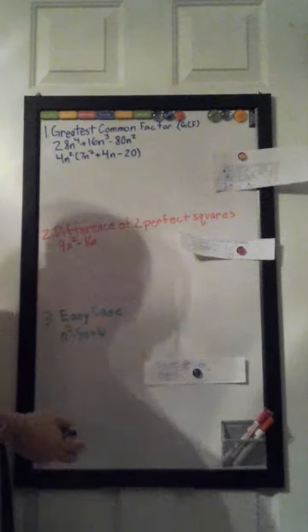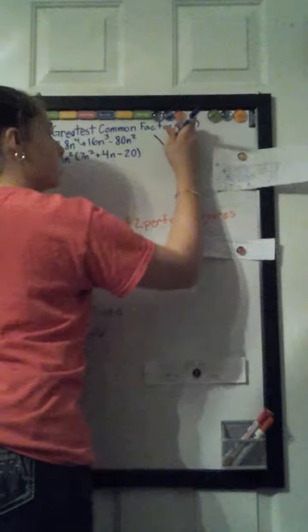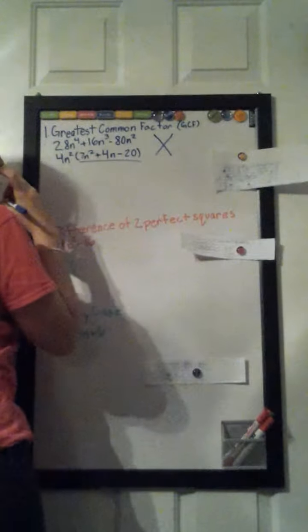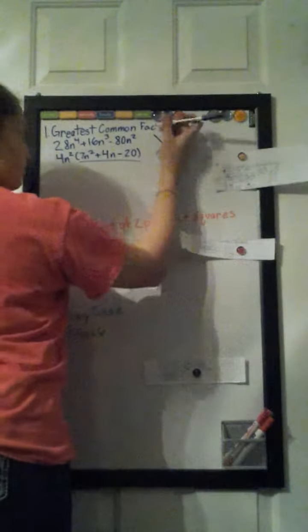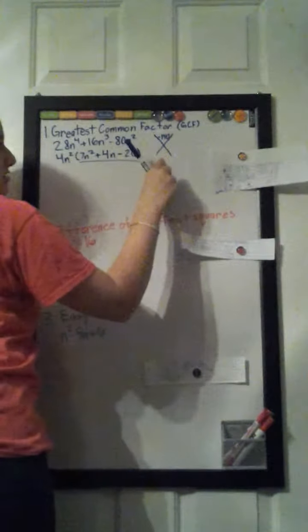Next you would do the diamond method to factor this part down even more. Negative 20 times 7 gives you negative 140. You bring the positive 4 down.